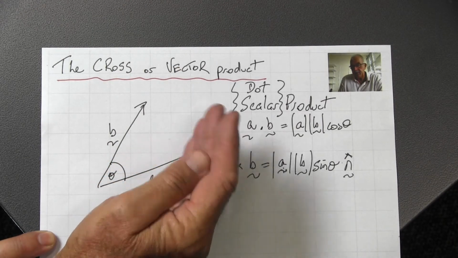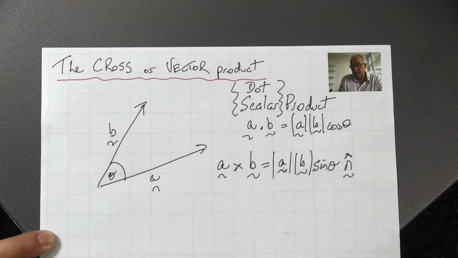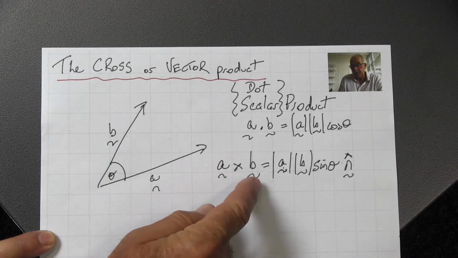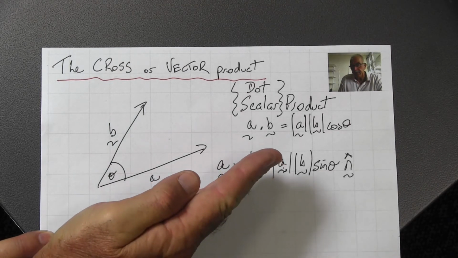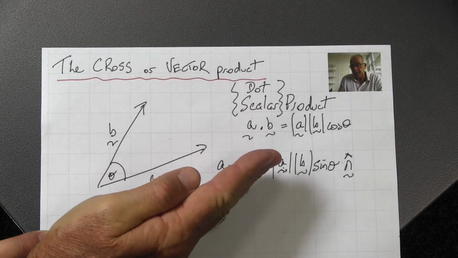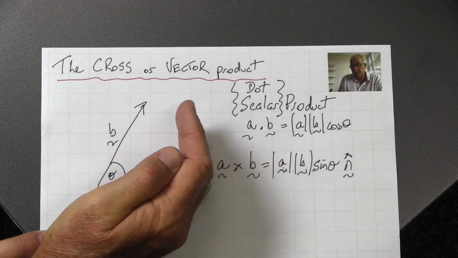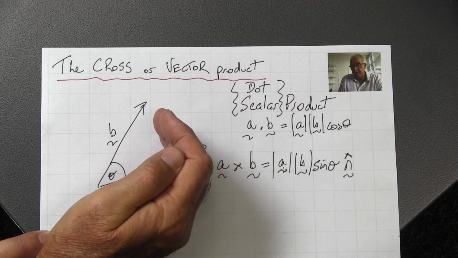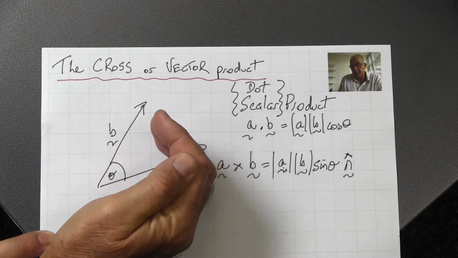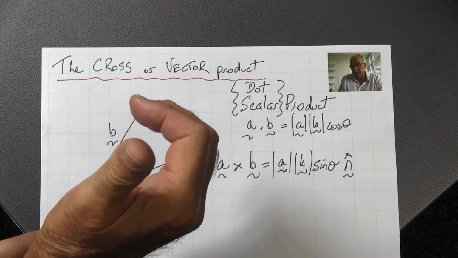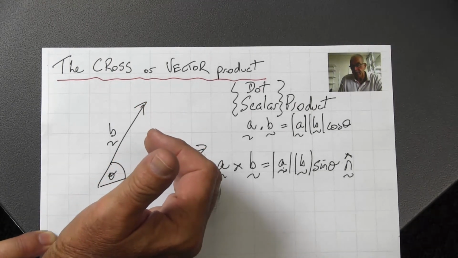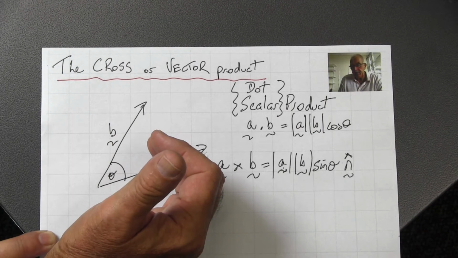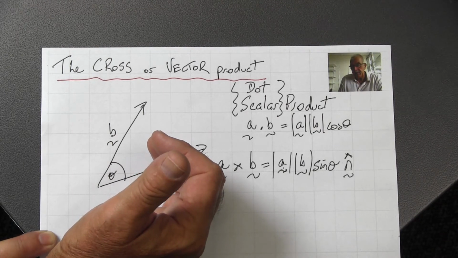To go over it again, to work out the direction that the unit vector goes, whichever vector is mentioned first, A, you put your hand straight out, so your little finger is pointing straight out in the direction of vector A. Curl your fingers towards the second vector mentioned, which is B, and where your thumb goes will give you the direction of the unit vector and the resultant vector.